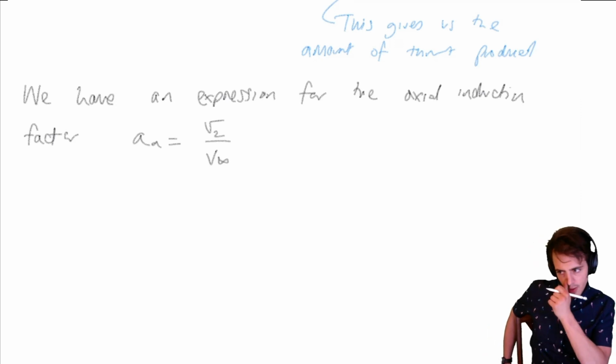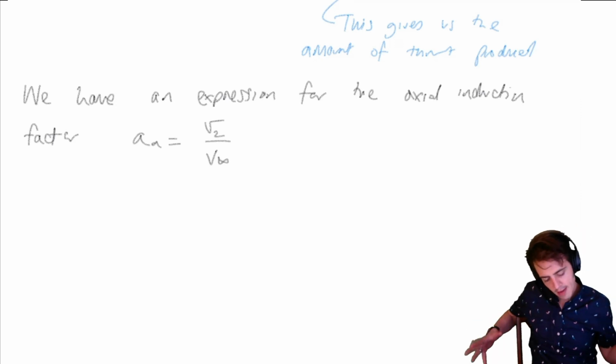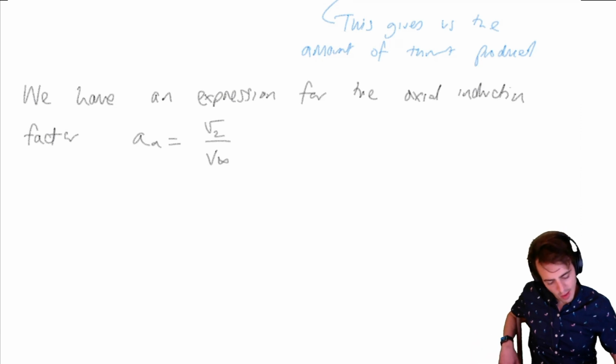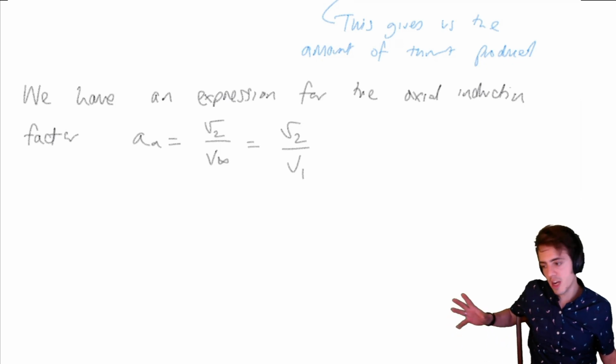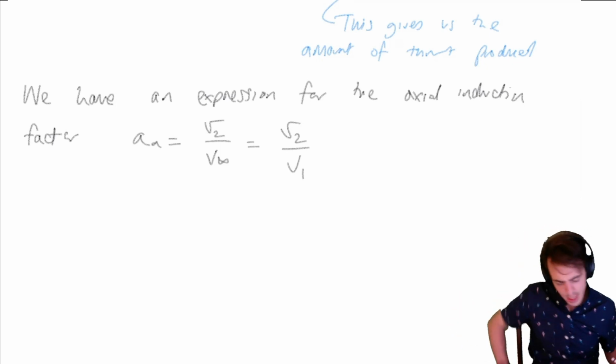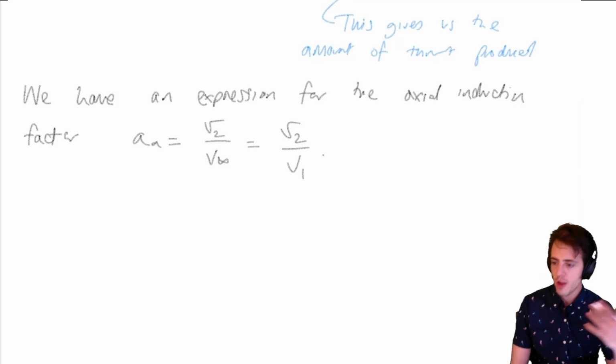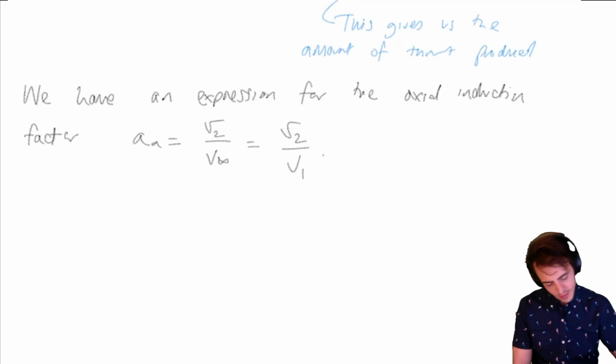Okay, so our expression was that a is equal to V2 divided by V infinity. So actually, for our purposes, we can express this as V2 divided by V1. So we can then use this in our expression for momentum thrust.